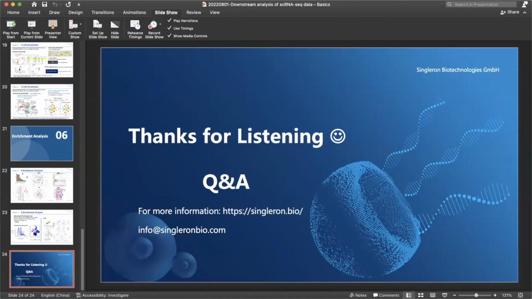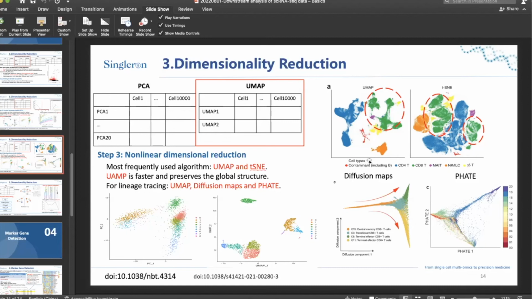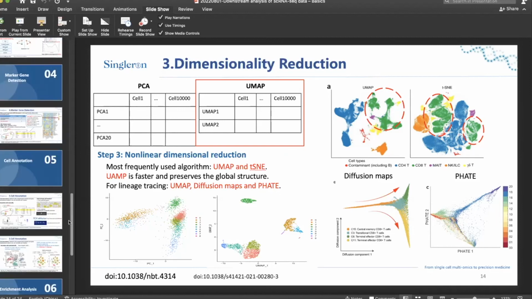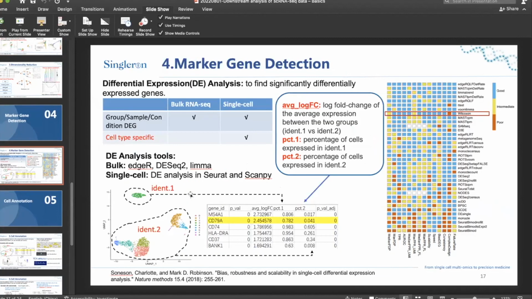Thank you so much for the very interesting talk. For differential gene expression, using different methods, will the resulting genes be very different? It can be different, because the statistical values can be different. The log FC, pct.1 and pct.2 should be exactly the same.